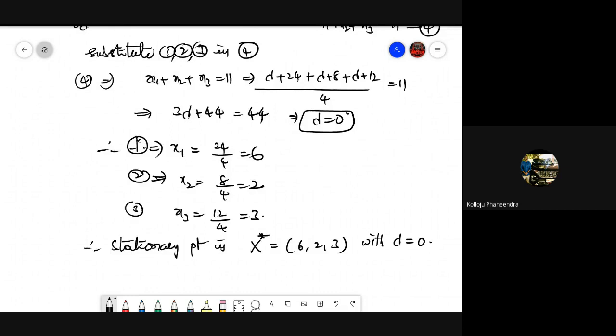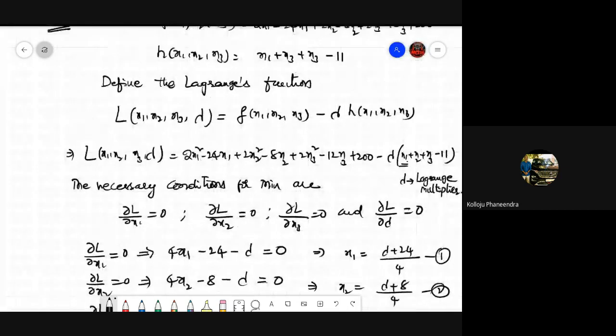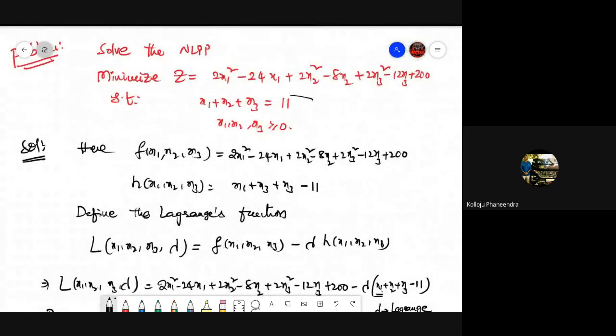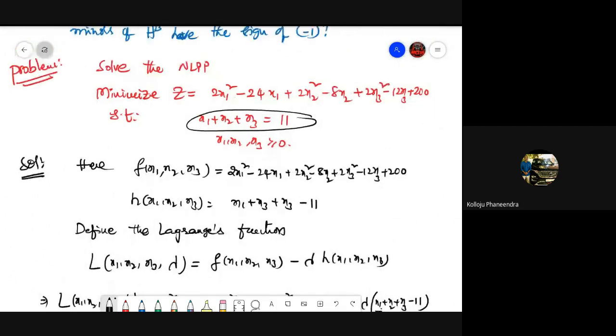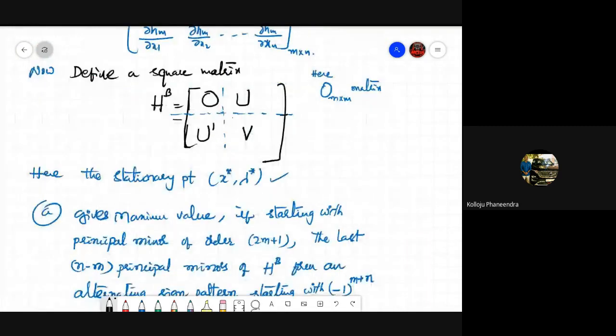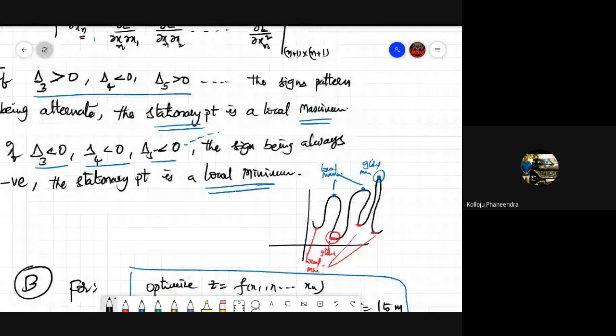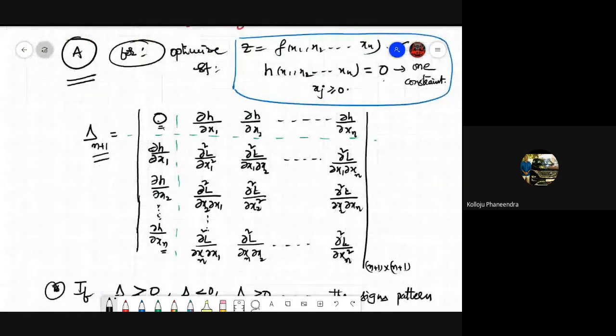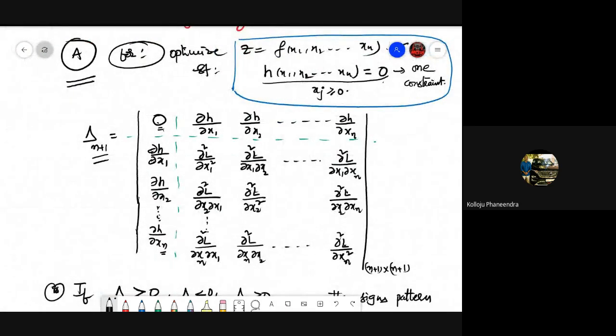Now, see, what is this problem? Let me go to the method also. Only one equality constraint with 3 variables, not 2. With one constraint and more than 2 variables, I have to construct this delta n plus 1.